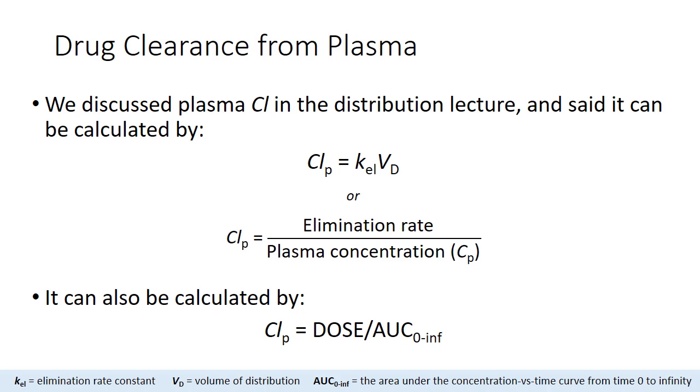The drug is leaving the blood in the distribution phase, and then it's leaving the blood in the elimination phase at a different rate. The clearance value takes both of those into account.